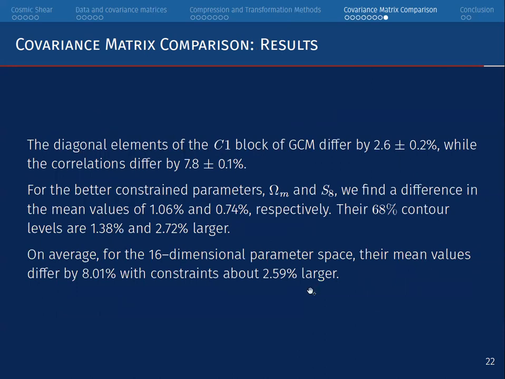We find that the mean values of the 16 parameters change on average by about 8%, and that the constraints are about 2.6% larger. This is, of course, an incredible agreement with what we found using our method, which was a difference of 2.6 for the diagonal elements and 7.8 for the elements of the correlation matrix.